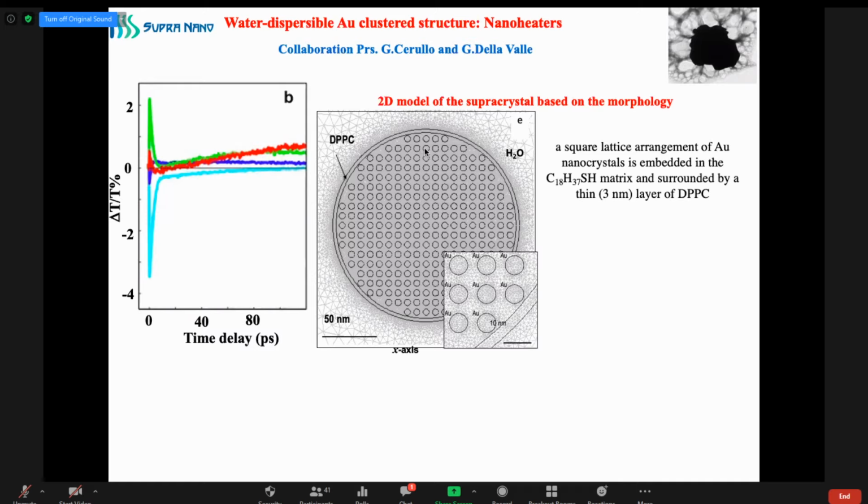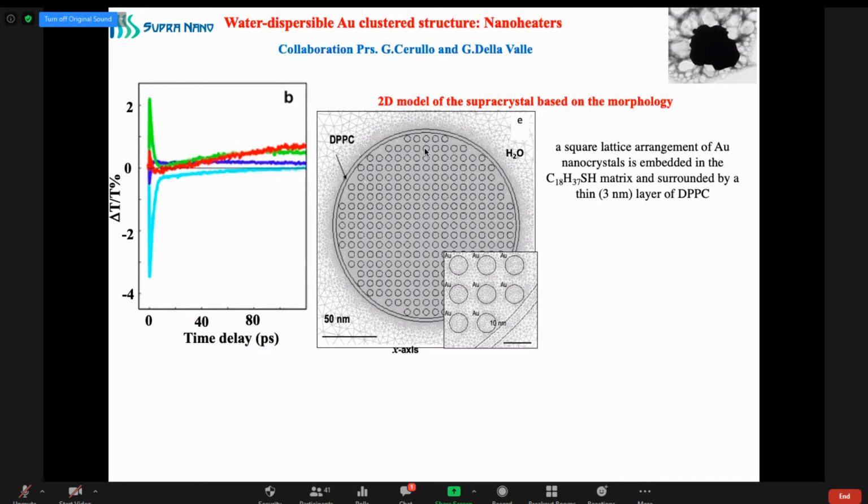By doing this, they observe a very good agreement between the experimental and the semi-classical model at short delay time and at a longer one. You can see this signal, except here, which we will discuss later, is stable even at more than 800 picoseconds.